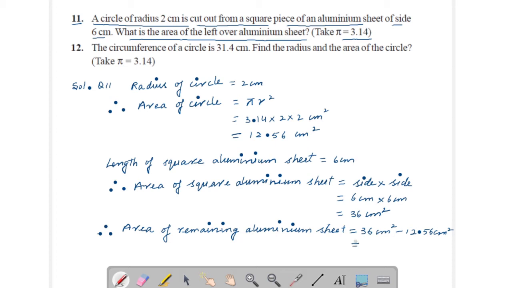Subtract it, it is 23.44 centimeter square. This is your answer.